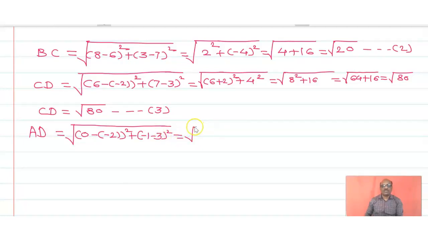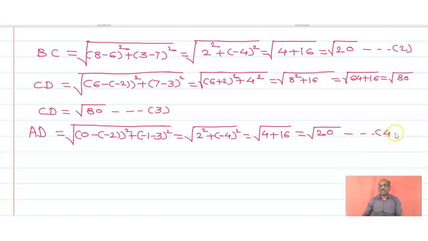And here in the root of, minus 2 minus minus will become plus 2 squared, 2 squared plus (-4) squared. 2 squared is 4, and (-4) squared is 16. And overall you will get here 20. And what about here? This is 4, 5.